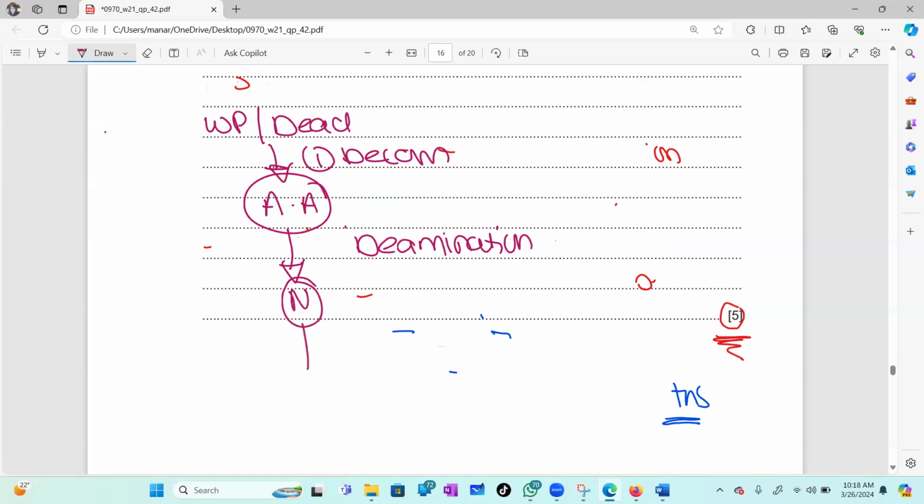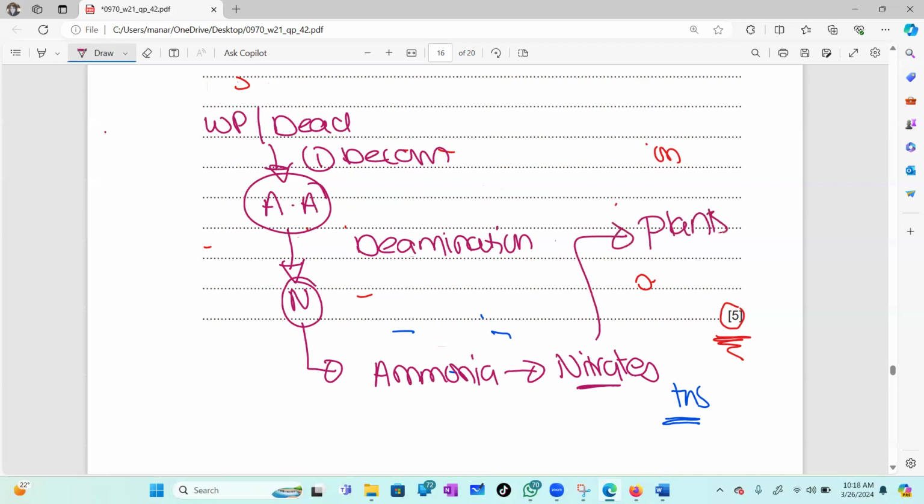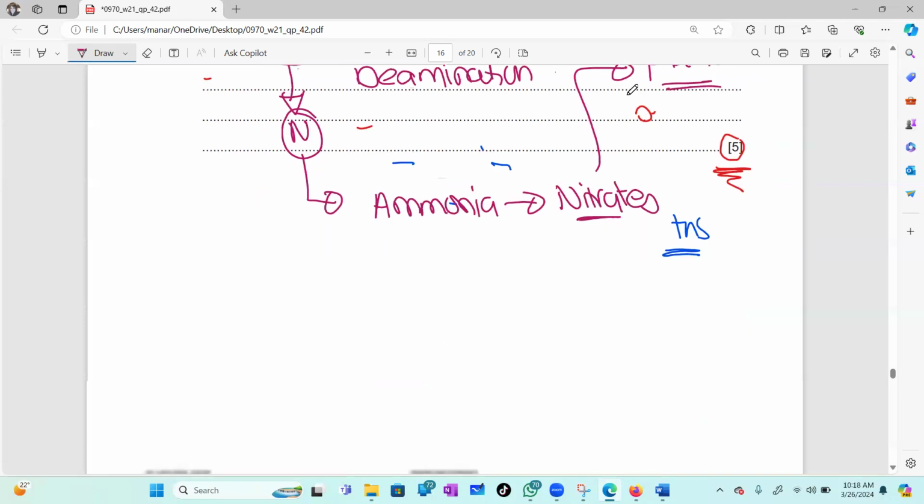And then this nitrogen will be converted into ammonia or ammonium compounds in ammonification. Ammonia will be converted into nitrates by nitrifying bacteria. And this is the final step. We finished. These nitrates will be absorbed by the plants and the plants will use it for growth. This is all what you needed to write. It was a short answer, but it is filled with keywords.